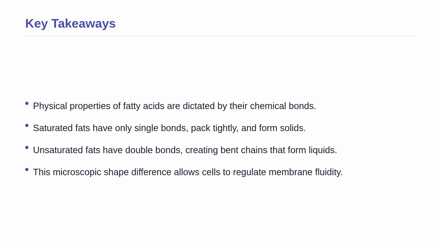In contrast, unsaturated fatty acids contain one or more double bonds, creating bent chains that cannot pack tightly, resulting in liquid oils. Finally, this simple difference in microscopic shape is incredibly powerful, allowing living organisms to fine-tune the flexibility and fluidity of their cell membranes to survive.